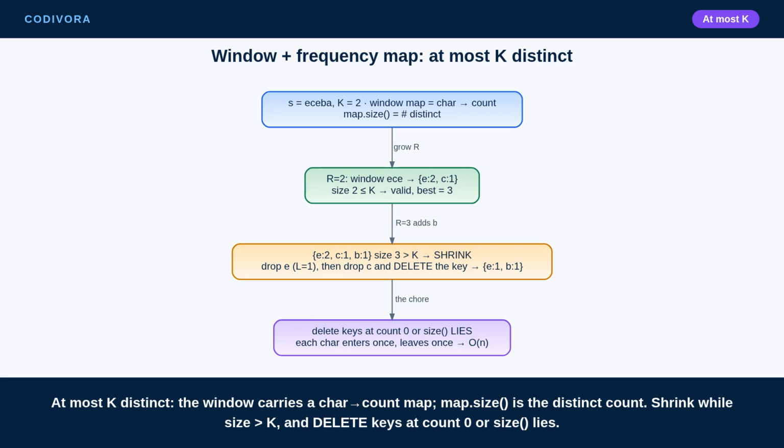Add B, now 3 distinct, over budget, so shrink. Drop E from the left, then drop C, and when C's count hits 0, you must delete the key. That deletion is the whole trick. If you leave dead keys in the map, size lies and the loop misbehaves. Each character still enters once and leaves once, linear time.